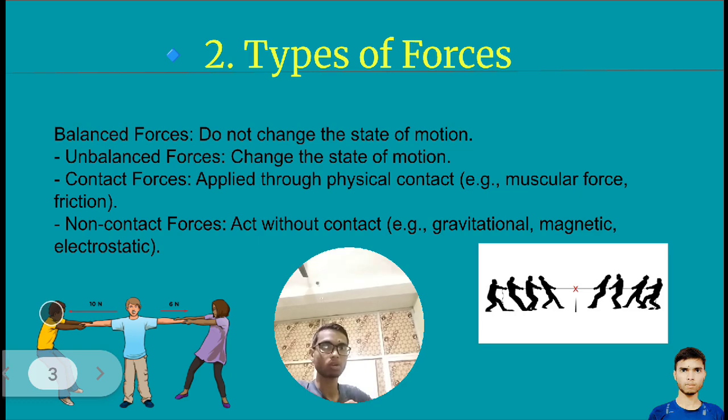Same here, contact of this person is with this. Both, contact of both is with this person. It is possible. So this type of force will be considered a contact force. Contact means touching the other object, and non-contact means something is happening without touching.